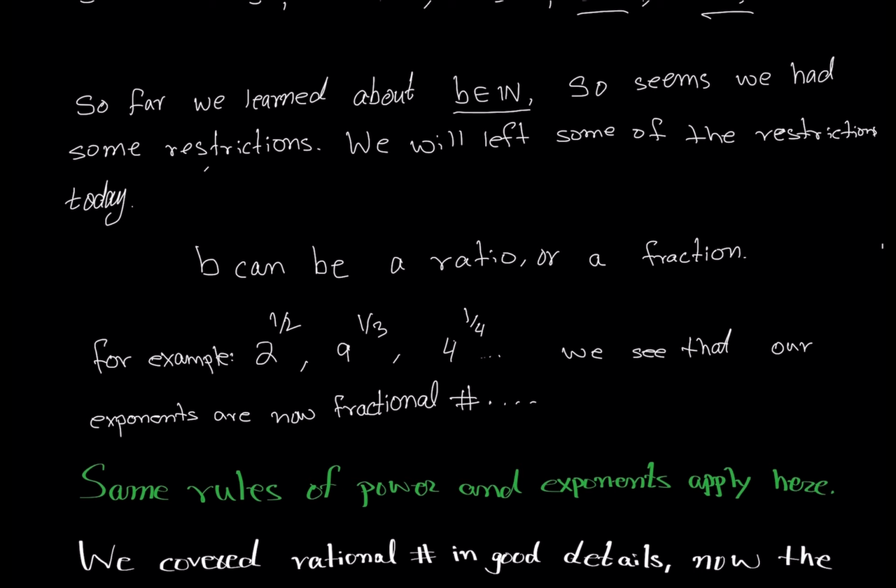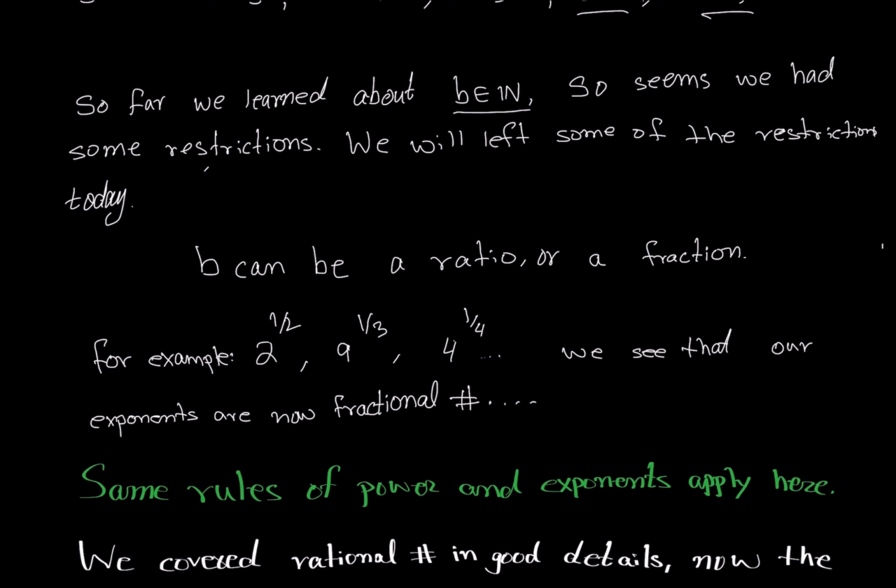And how can we deal with that? We will deal with them the same way that we dealt with natural-number exponents. There's no discrimination there. We will treat them as we treated natural numbers. The only difference is that this will involve a little bit of math.